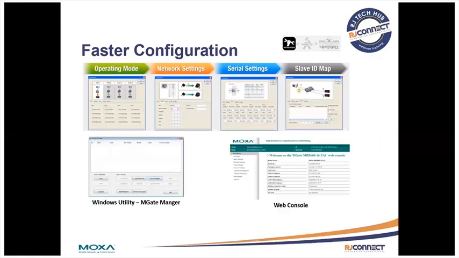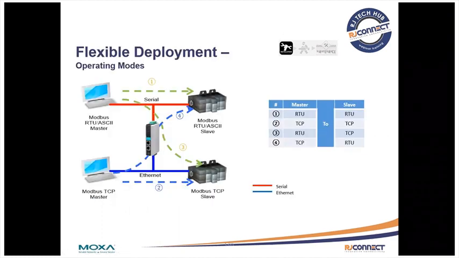We've got 2 methods of configuring our 3000 series gateways. We can either configure them using the MGate Manager software provided by Moxa, or we can use the built-in web console on these devices. What's nice about the 3000 series is that we have multiple operating modes.